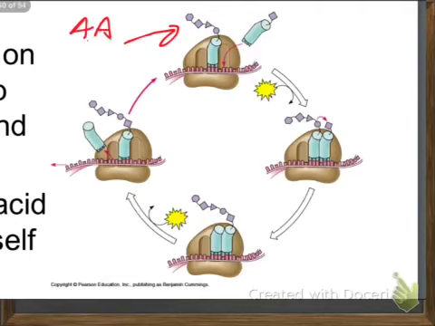And so transfer RNA comes in here. And then we have to use a little bit of ATP. So ATP is brought in here, which provides this bonding. And then you can see right here that this energy is used to make this temporary bond for this amino acid. And remember, we call those peptide bonds.